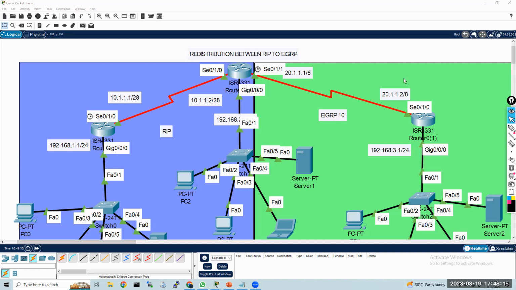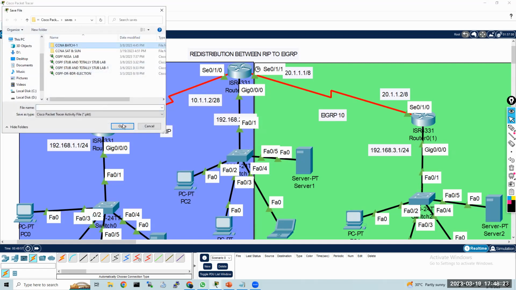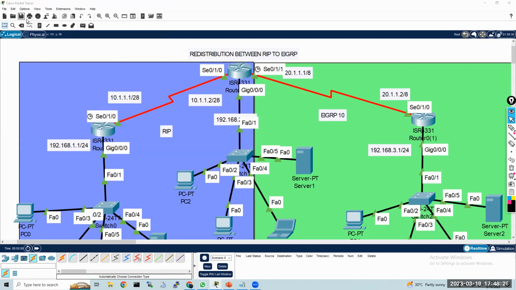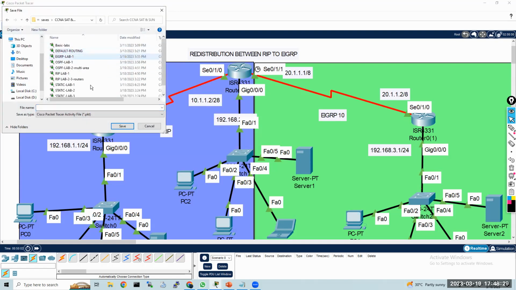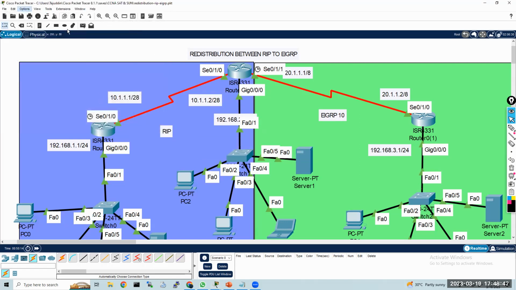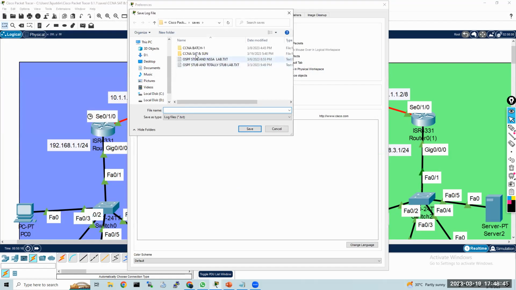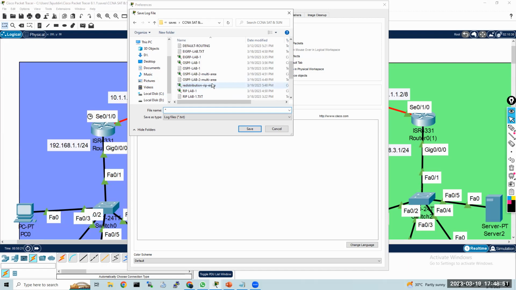I hope, guys, you understood this redistribution lab. Yes. Okay, so let me save this. This is the redistribution lab, redistribution RIP to EIGRP. I'll share both the files. This is a text file.